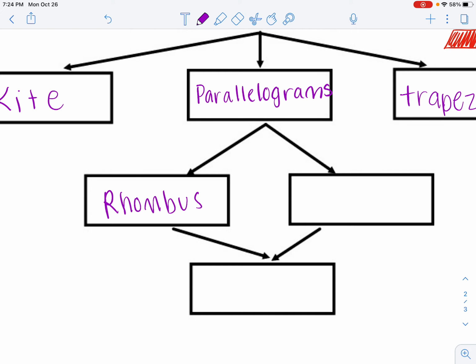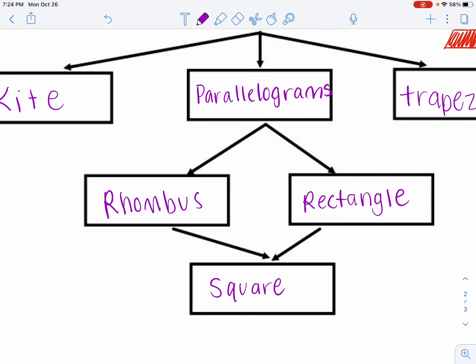And that was a rectangle. Then the rhombus and rectangle got together and they had a little baby, and that was how a square was formed. So a square is both a rhombus and a rectangle because it has 4 congruent sides and it has 4 right angles.